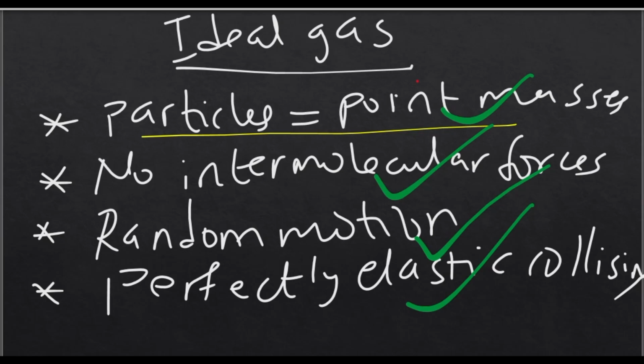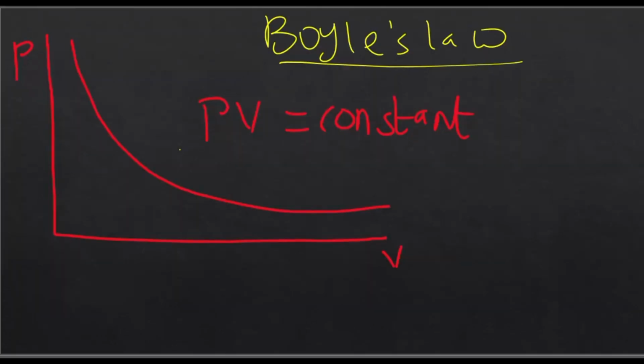There are laws that govern the way gases behave, and various scientists took the initiative to test them experimentally and establish those laws. The first of those laws is Boyle's law. Boyle's law investigates the relationship between volume and pressure when the temperature is kept constant.